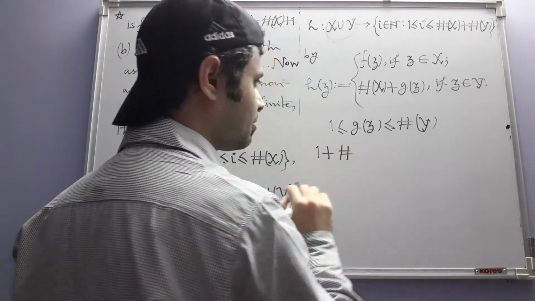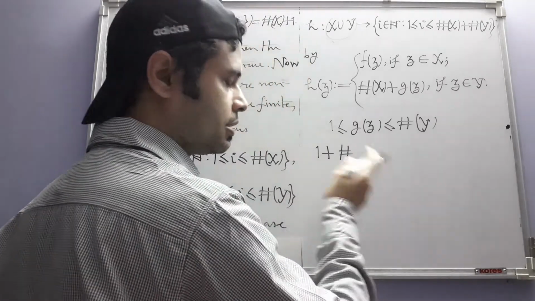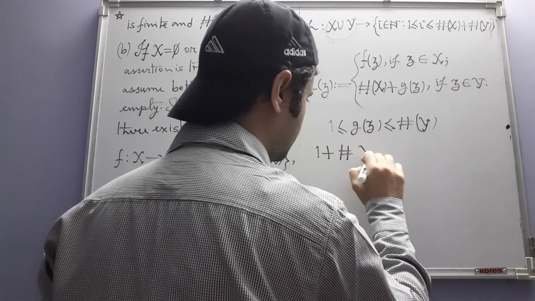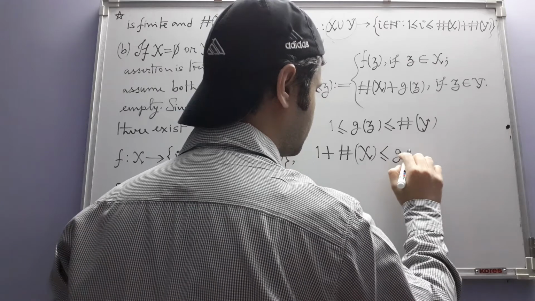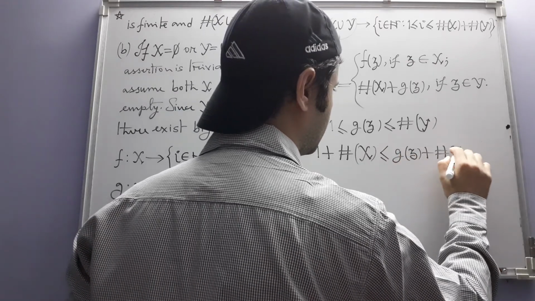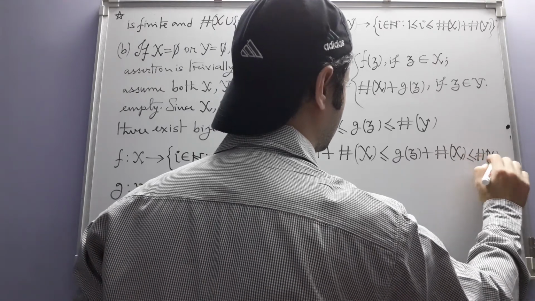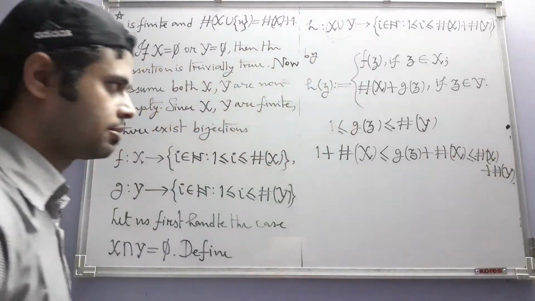So from the properties of inequalities that we have already proved when we developed the system of natural numbers, we can add cardinality of x throughout to have this.